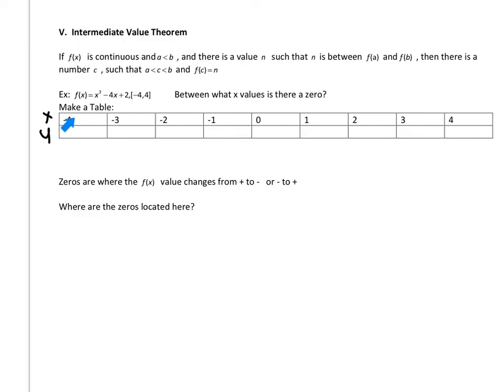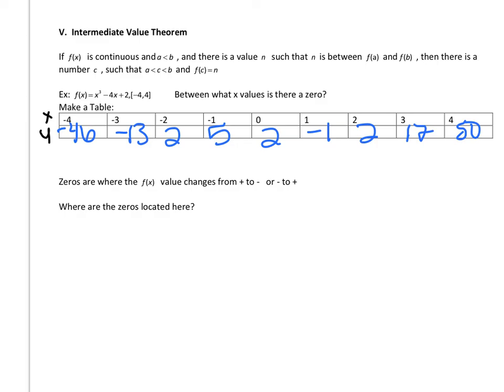So if I plug in all of these values, I'm just going to tell you what the function values are, and I assume you know how to plug this in a calculator. You're going to get negative 46, negative 13, 2, 5, 2, negative 1, 2, 17, and 50.